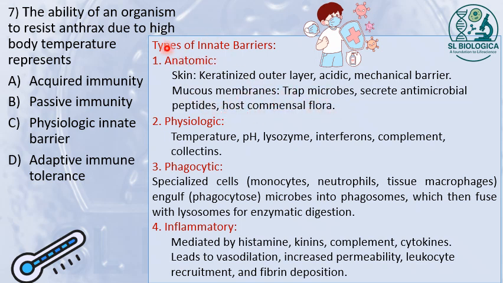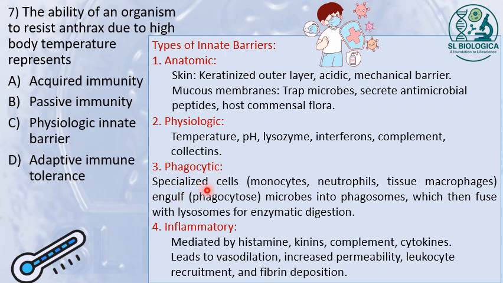So this is the anatomic barrier, and we have the physiologic barrier also, which is represented by the temperature, pH, lysozyme, interferons, complement, and the collectins. So that is represented by the physiologic barrier. And we have the phagocytic barrier, that is we have certain phagocytic cells within our body that are actually encountering the foreign antigens, foreign cells.